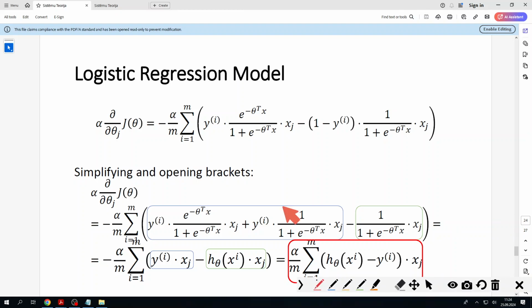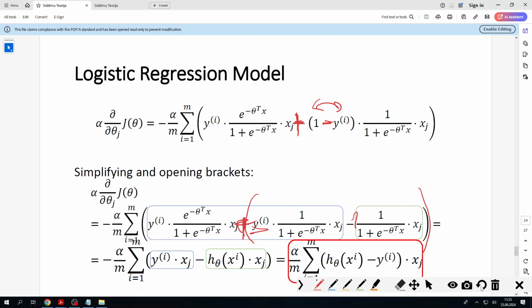These brackets were originally like here, except that here it was minus and here it was minus, so I have replaced this by plus and changed the order. So here you can see 1 and here you can see y. I changed the order because I changed the sign to plus and it was originally minus.